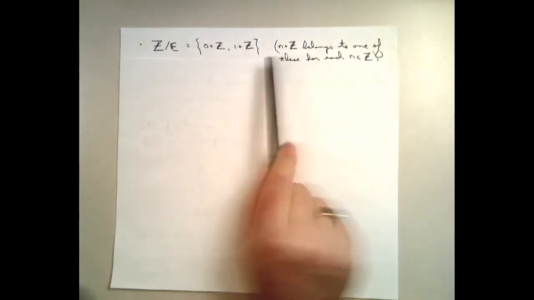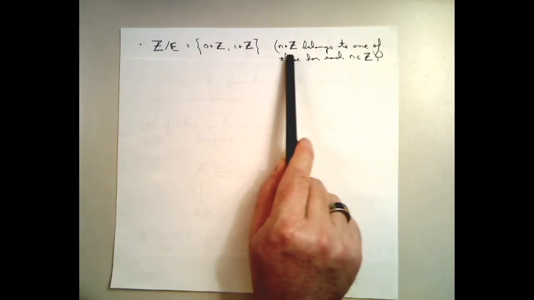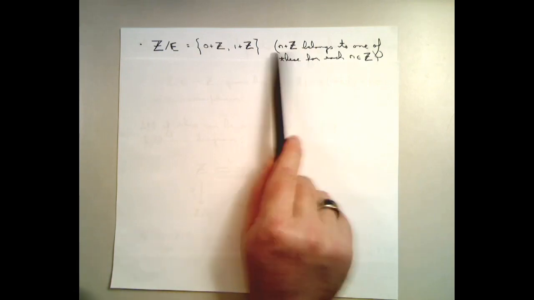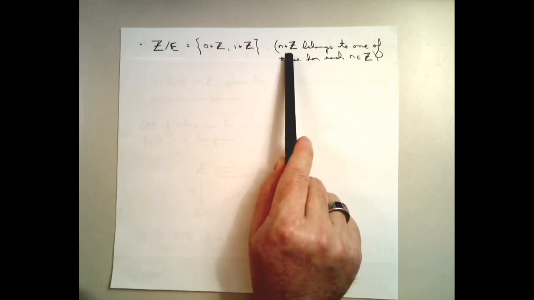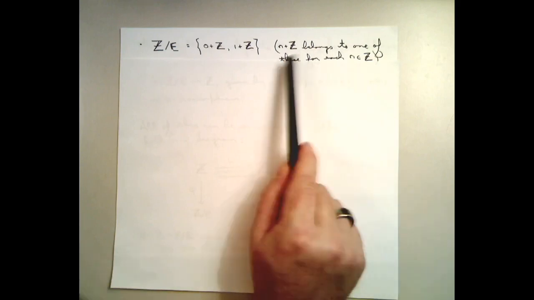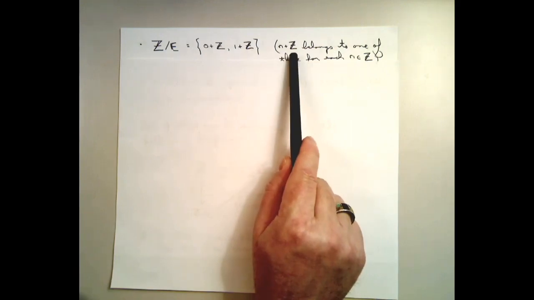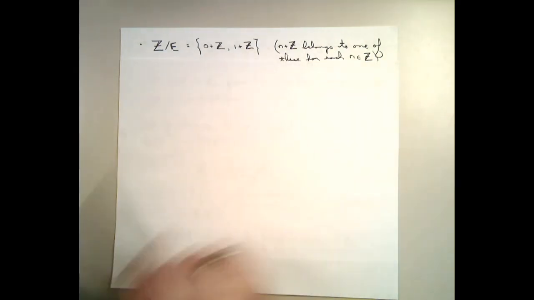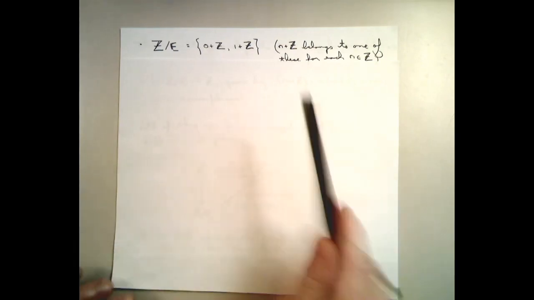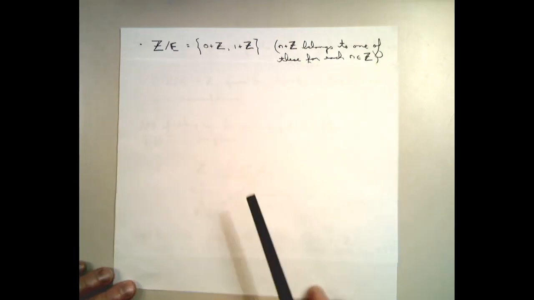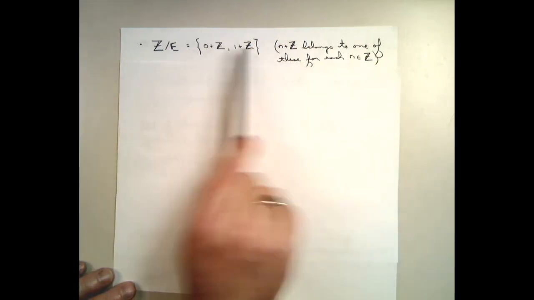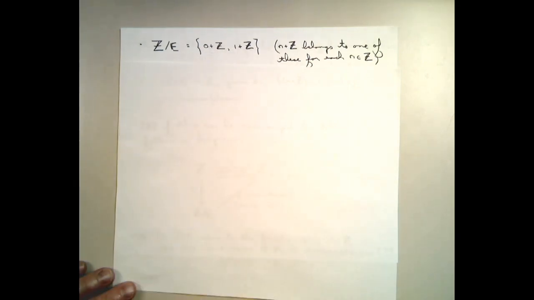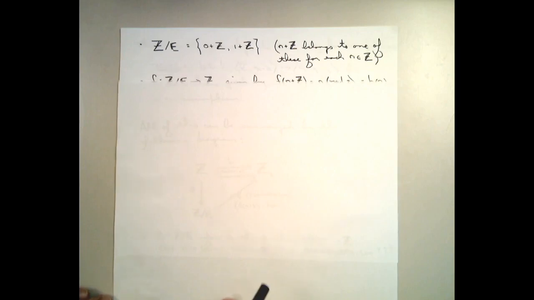And so if I wrote n plus Z, that would be the coset that contains n. For example, 3 plus Z, the coset that contains 3, is just another way of writing 1 plus Z. So all the cosets can be expressed as either 0 plus Z or 1 plus Z. What else?